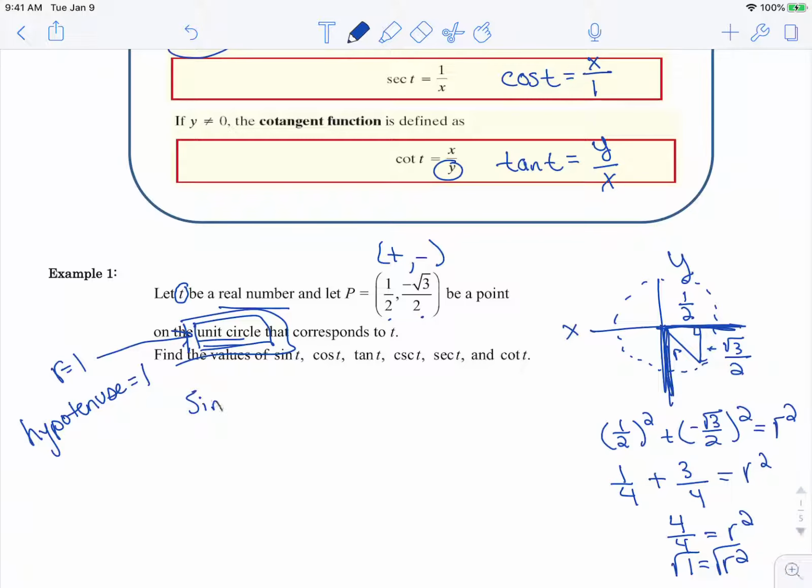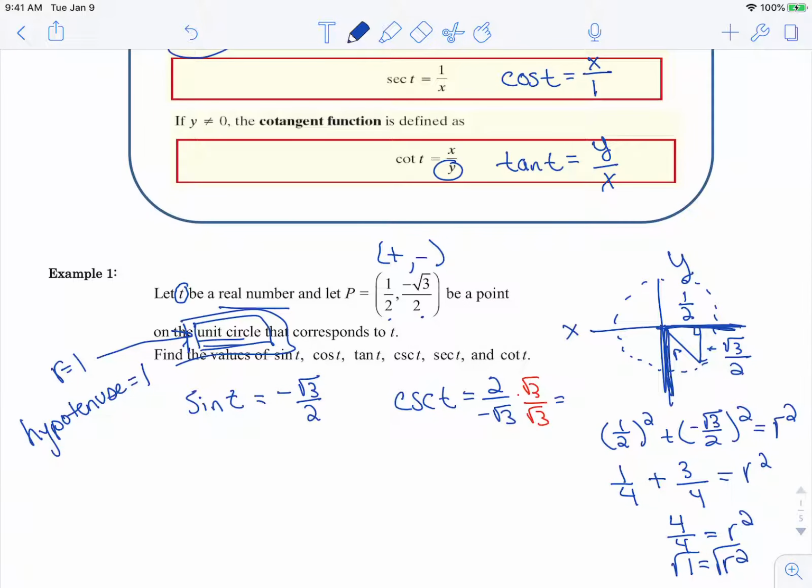Life is good. You can do sine of t. That will be our y value since I'm on the unit circle. And then my reciprocal, which is cosecant of t, is just the reciprocal of that. Now we talked about this and we can't leave it like that, so I have to multiply by root 3 over root 3.